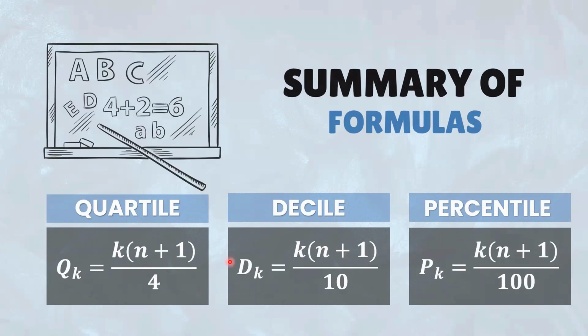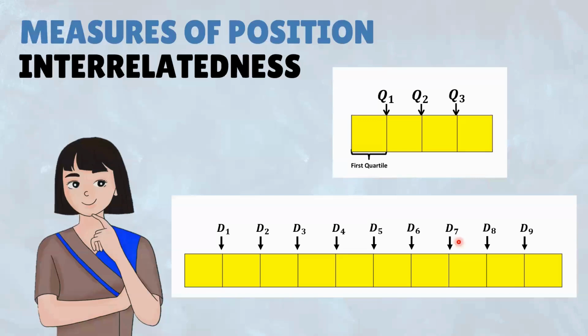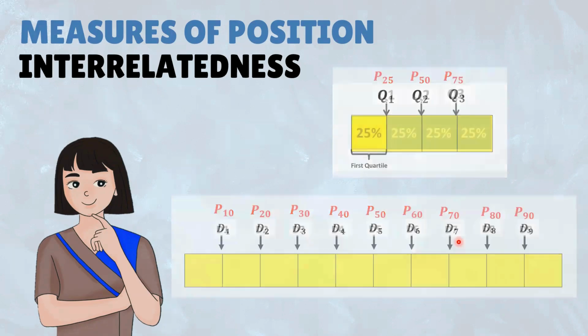If our answer by using this formula is a whole number, we don't need to proceed to step 3. But if our answer is a decimal number, we have to proceed to step 3, which is the interpolation. Also, don't forget the interrelatedness of the different measures of position.